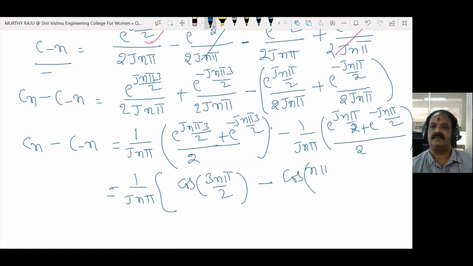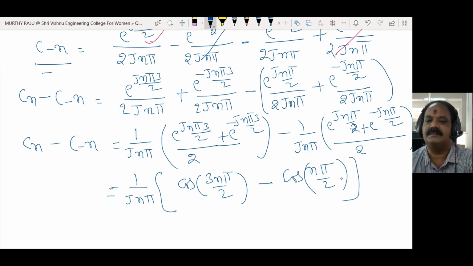Here cos is e power jx plus e power minus jx by 2. This is the Bn value. Bn is 1 by n into cos 3 n pi by 2 minus cos n pi by 2. This is Cn.